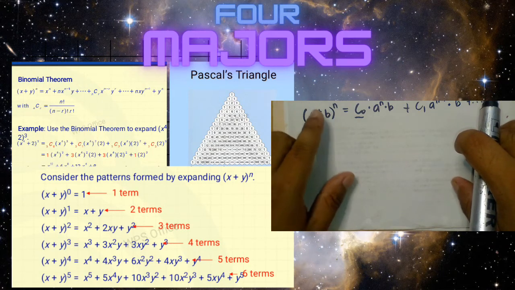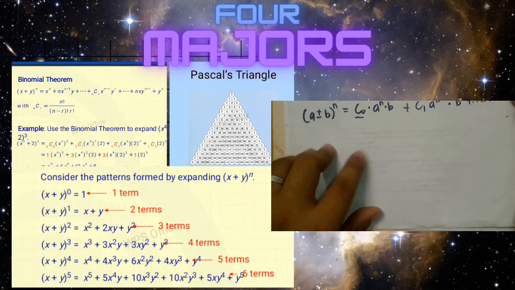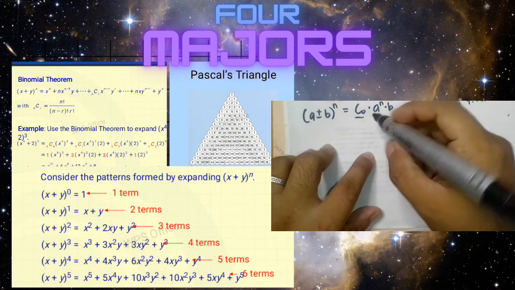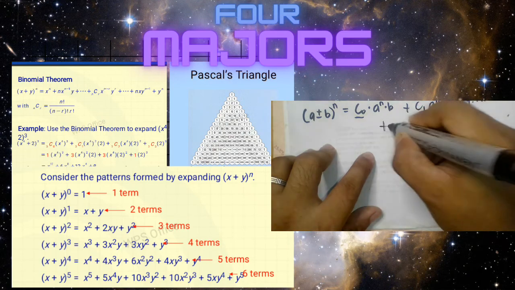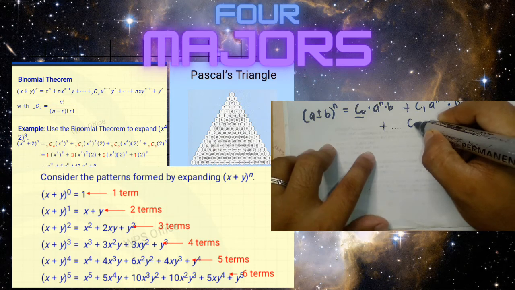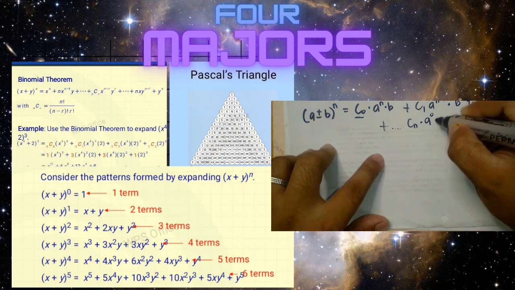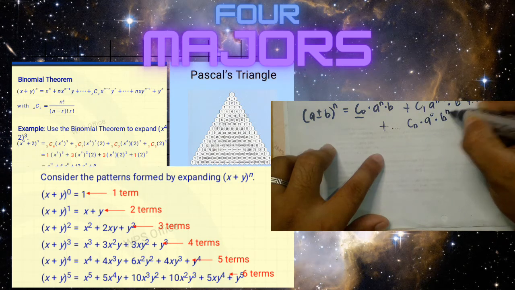Okay, so the number of terms of this binomial is actually n plus 1. Meaning to say we can arrive at the last term, so that we'll have the last constant C sub n times a to the power of 0 times b to the power of n.